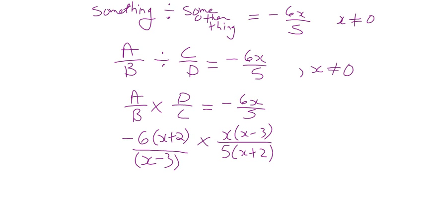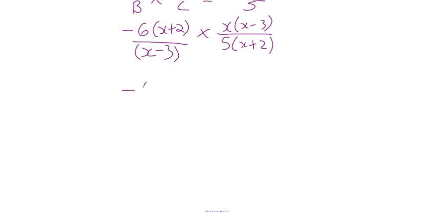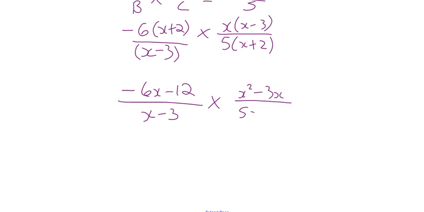The slight problem, though, says that x isn't supposed to be equal to 0, and I've got x not being 3 or negative 2. I don't know how strict they want to be on that. I like this. We'll go with this. Let's extend the page. So this would be negative 6x minus 12 times, but it was supposed to be a quotient, right?